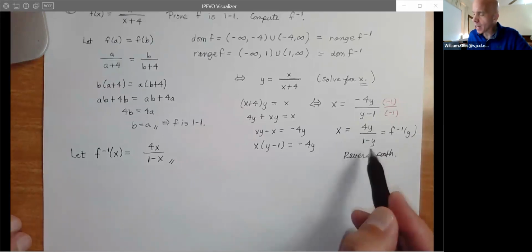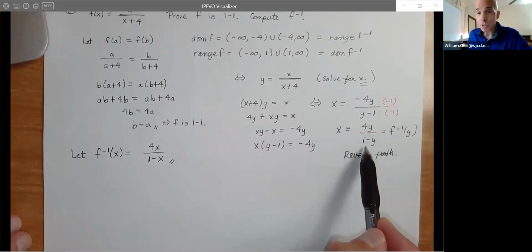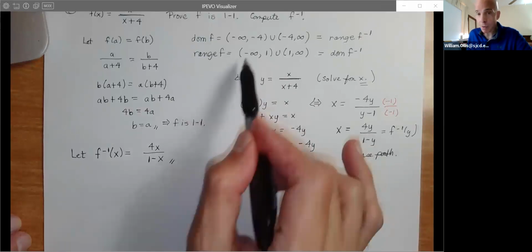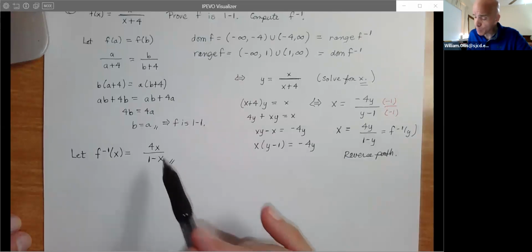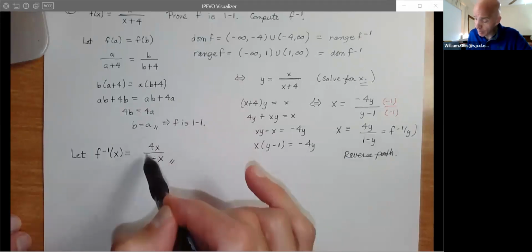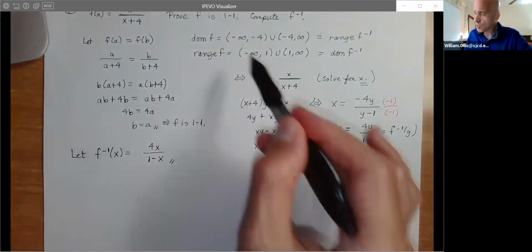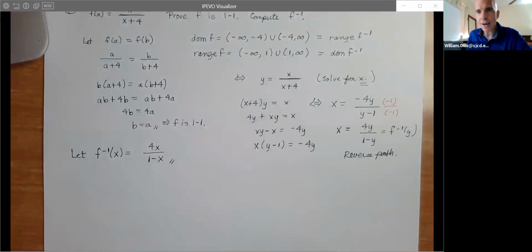But notice now you can see here the domain of f inverse must exclude 1. It has to. There's no way that would be undefined. And then, of course, the range, in this particular case, when you compare the leading coefficients, -4 would be kicked out. So you can use this computation to verify that you did everything right in your formula, okay?